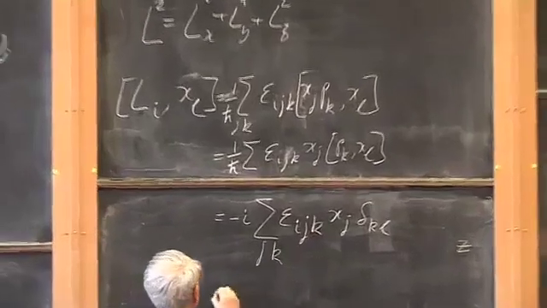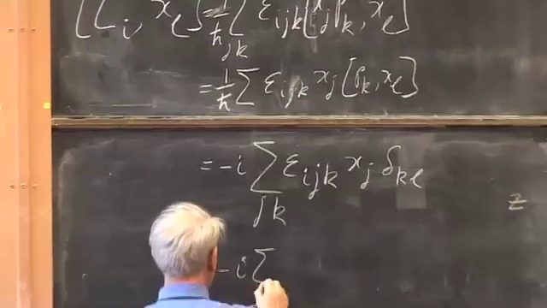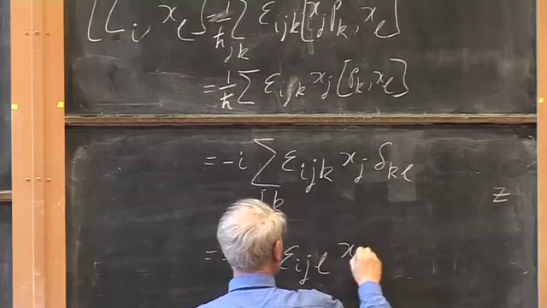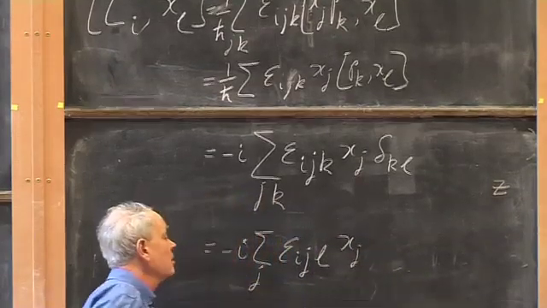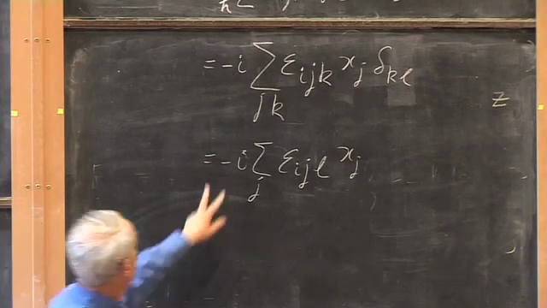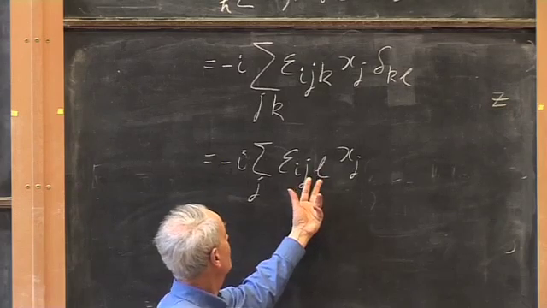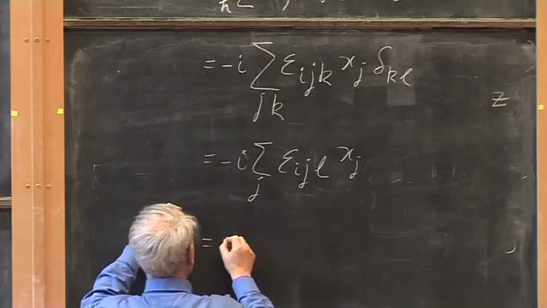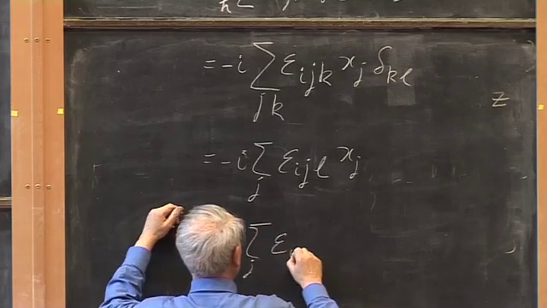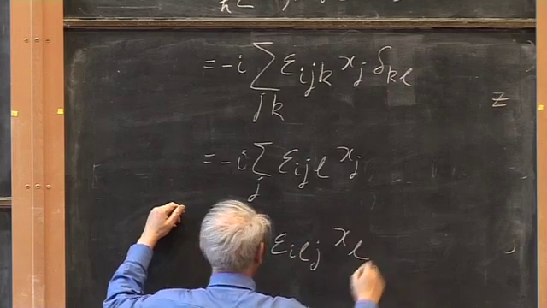So this becomes minus i summed over j of epsilon i j l xj. And we can get rid of this unattractive minus sign by swapping the order of these two. So we can write this as plus i, the sum over j of epsilon i l j xj.